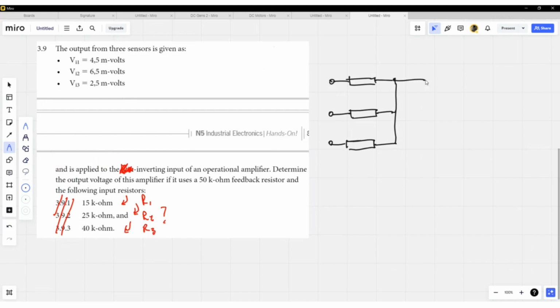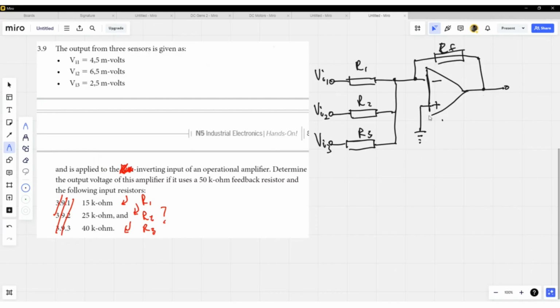Okay, so that's going to be on the inverting input of your op amp. And your non-inverting is going to be grounded, and there's your output. There's your feedback. Okay, I forgot the resistor, so I'm just going to squeeze it in there. Right, so we are going to need to use the generic formula here.